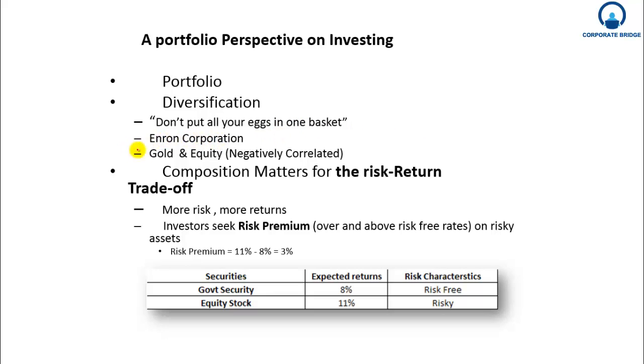Let's take this example of Enron Corporation. Enron Corporation grew at the rate of 27% per year from the year 1990 to 2000. So if you'd have invested $1 in this company in 1990, then by the end of 2000 your investment would have become $15.